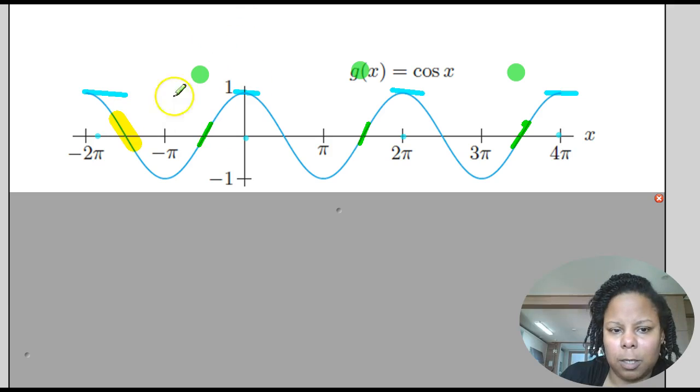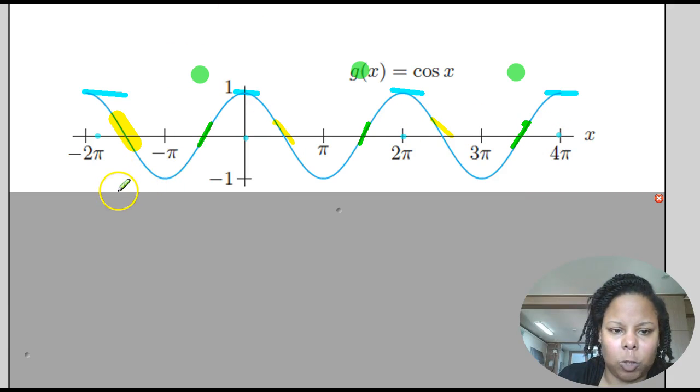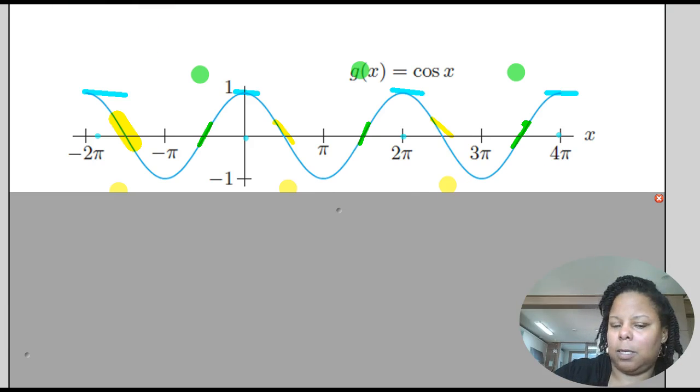Oops, I'm in the wrong color. This is the highest negative value, which would mean that the slope of the tangent line would be, the lowest it could get would be somewhere, let's say, down here. And so if I were to connect these using my lovely graph, I would get something that looks like this.